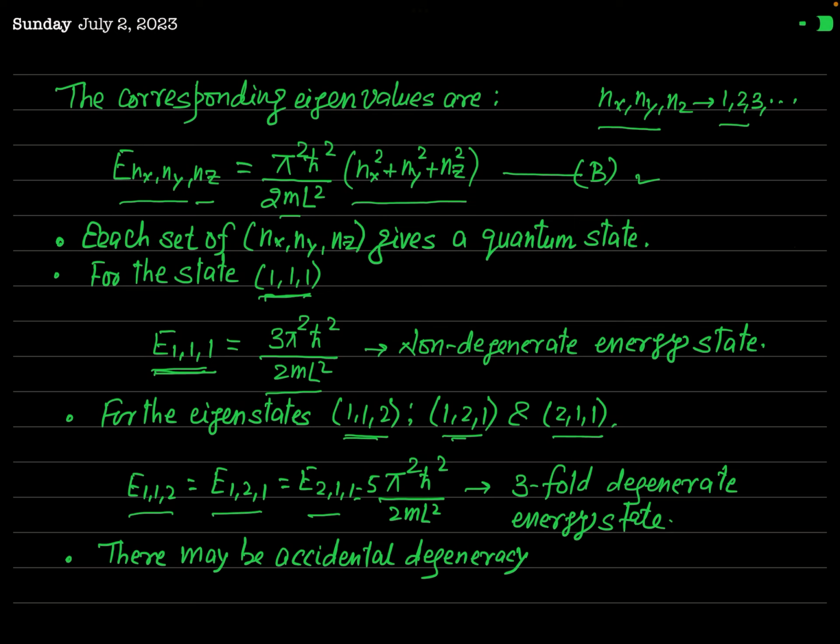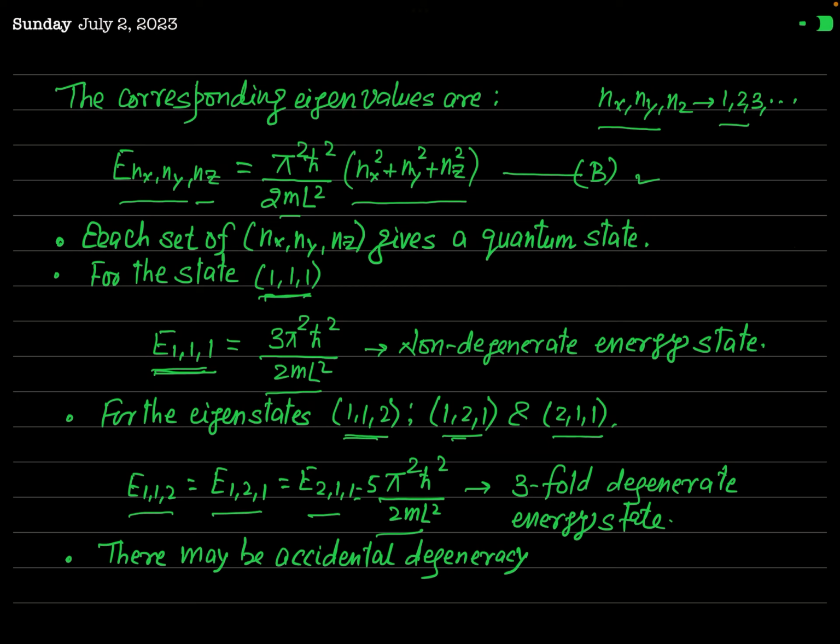So for this energy eigenvalue there are three quantum states, and so it is called threefold degenerate, or the degeneracy of this energy level is 3. Corresponding to this, there will be three quantum states of our system. Similarly, you can find the degeneracy of other energy eigenvalues too.